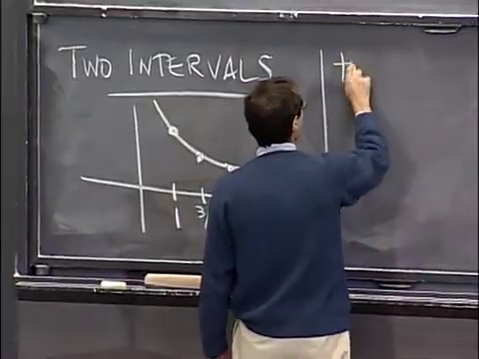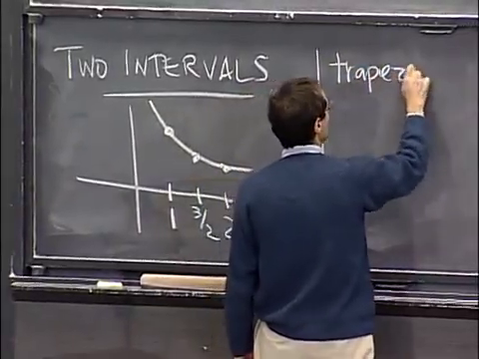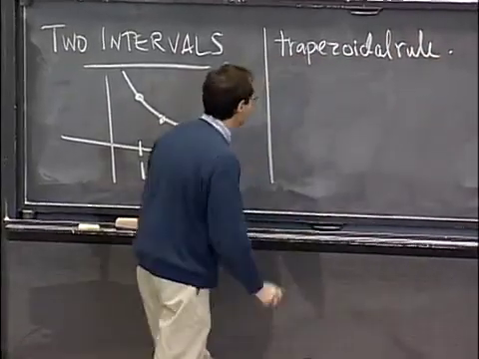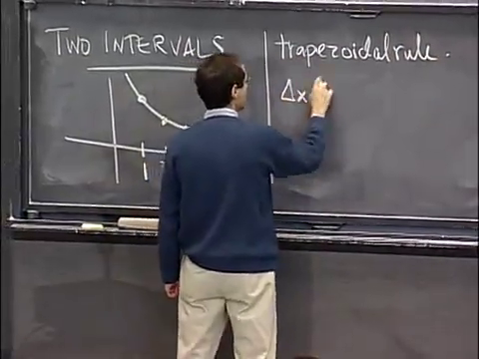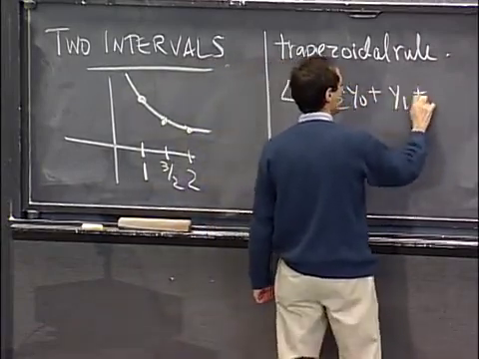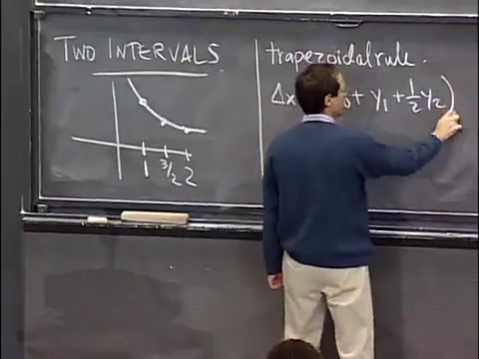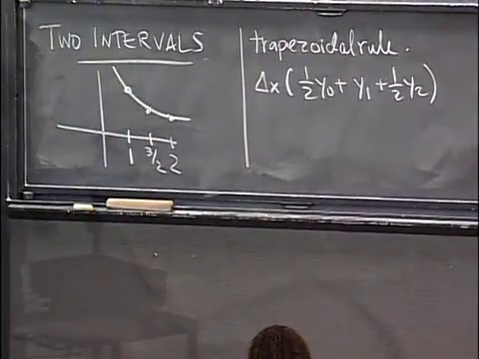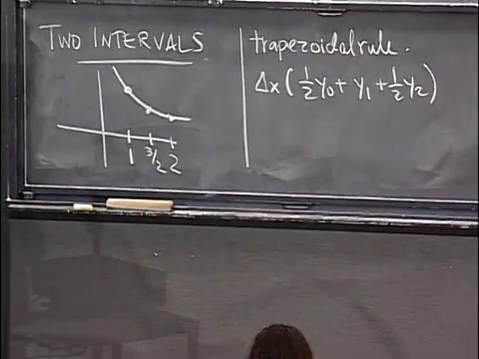Now, the trapezoidal rule is the following formula. It's delta x times a half the first value plus the second value plus a half the third value. The pattern is a half, 1, 1, 1, 1, 1, a half.